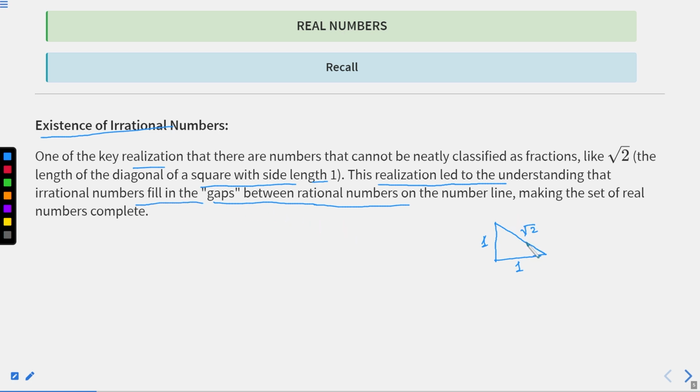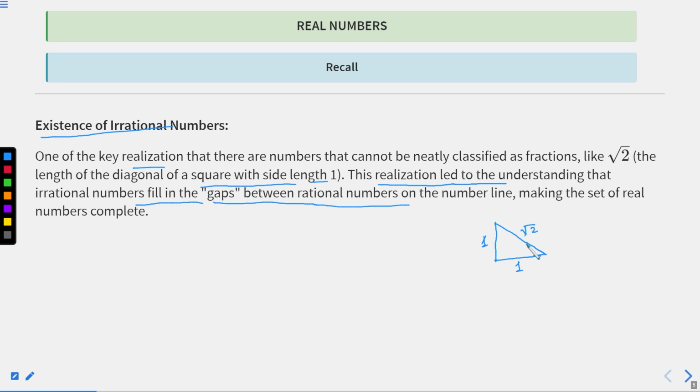Students, we have studied this in class 9, the representation of rational numbers and irrational numbers. When we studied the representation of rational numbers on the number line, we got some gaps between two rational numbers. Irrational numbers fill in the gaps between rational numbers on the number line.